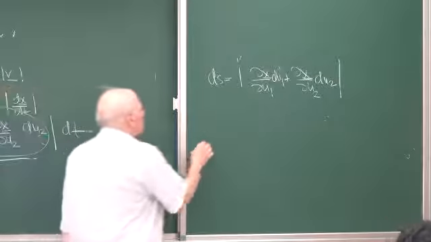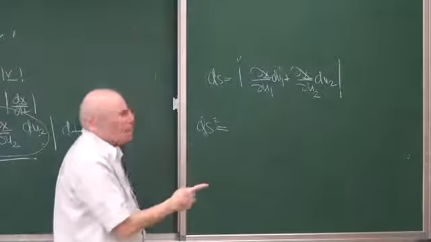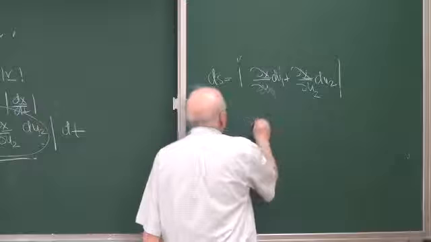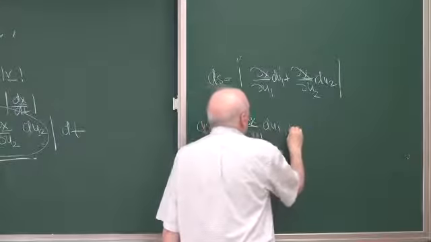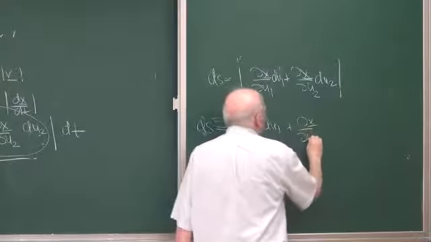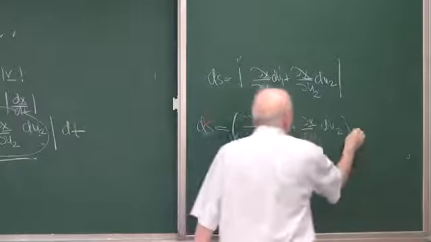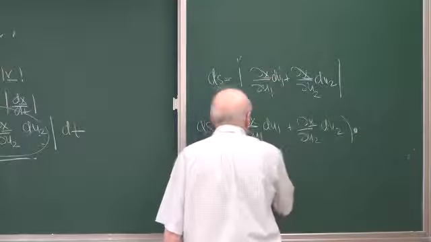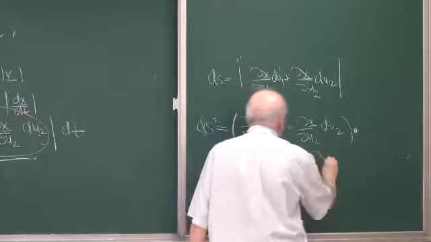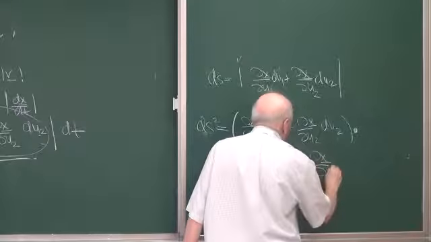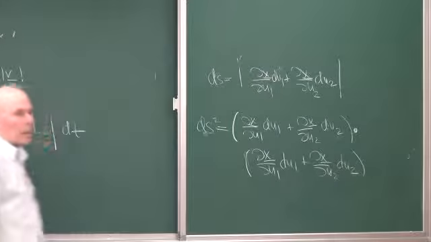Well, that's a little hard to do business with, but it's much easier to write the square. So I have to take this vector and dot it with itself. And that's how I find the magnitude of a vector. Let's write it out.